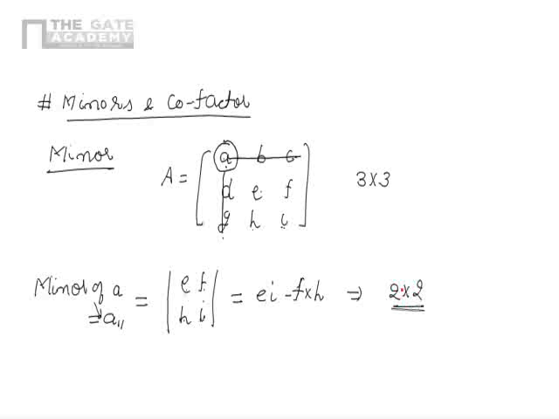Generally, whenever we take any matrix of order 3 by 3, we can start with a minor of order 3 by 3 without deleting any row and column. So the third order minor of this matrix is nothing but the determinant of the original matrix itself.